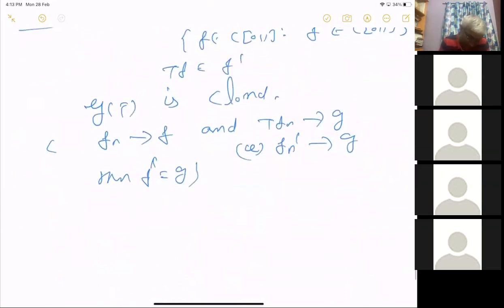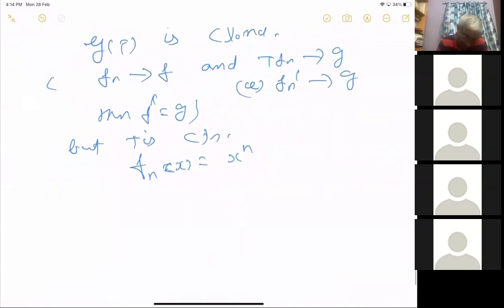But we know that T is not continuous. It's not bounded, which is the same thing. Again, the same example: take fn(x) equals x to the power n, divided by n maybe. Then fn converges to 0.